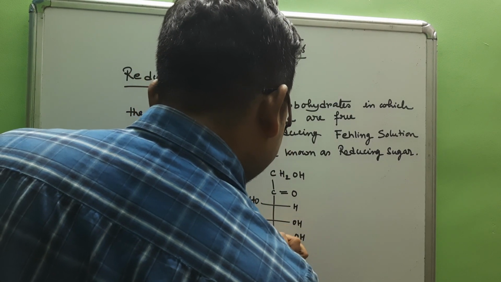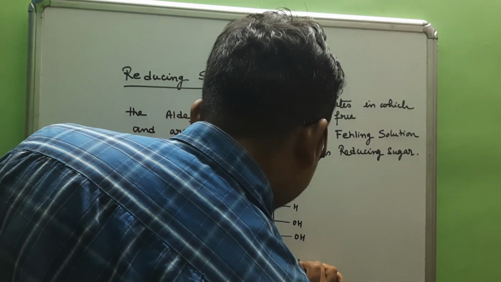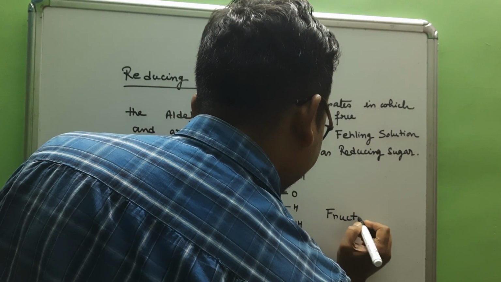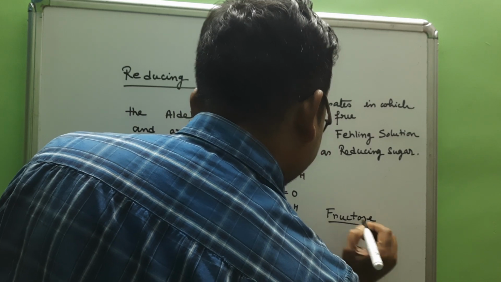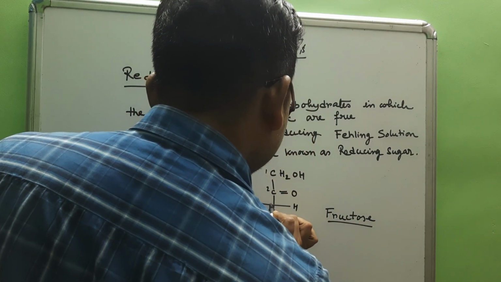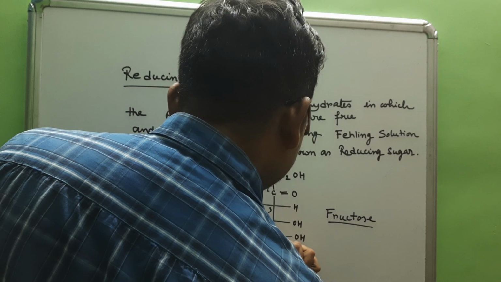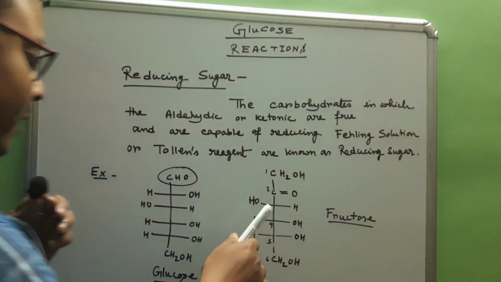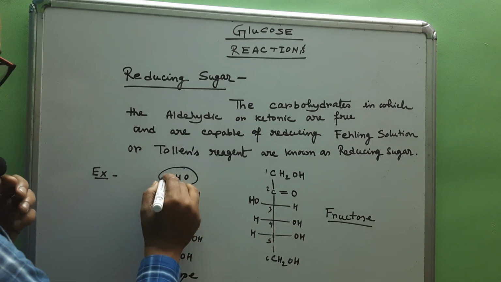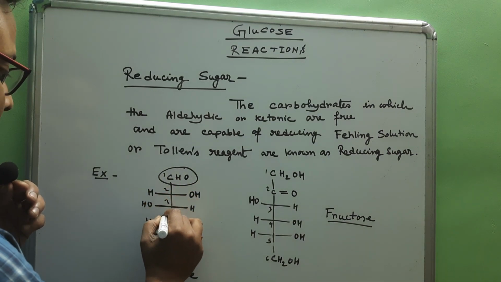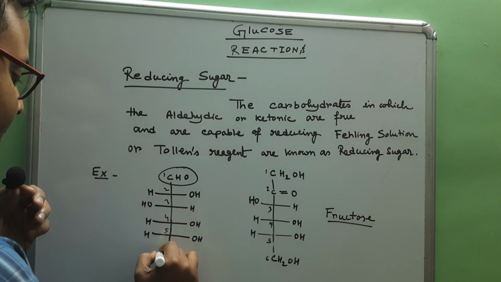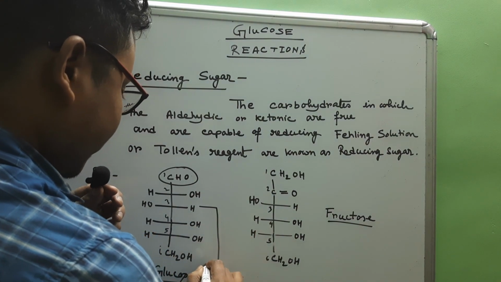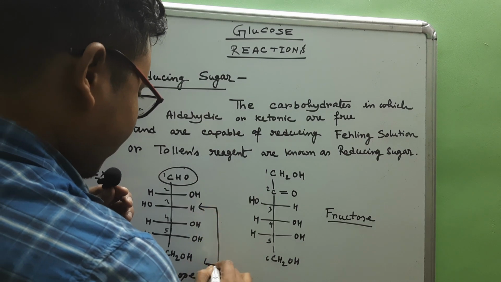If we compare, this is the structure of fructose, carbons 1, 2, 3, 4, 5, 6. In glucose also 1 to 6.